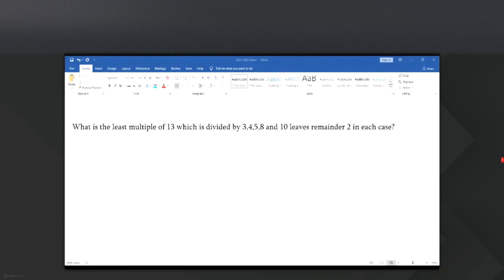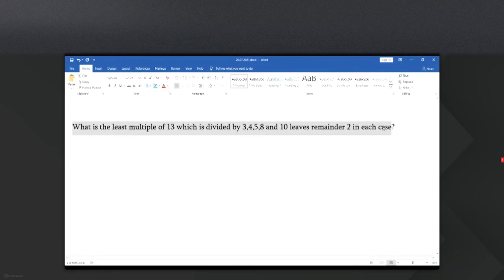What we have is: what is the least multiple of 30 which, when divided by 3, 4, 5, 8, 10, leaves remainder 2 in each case. Now just forget about the least multiple of 30. So this is the question.